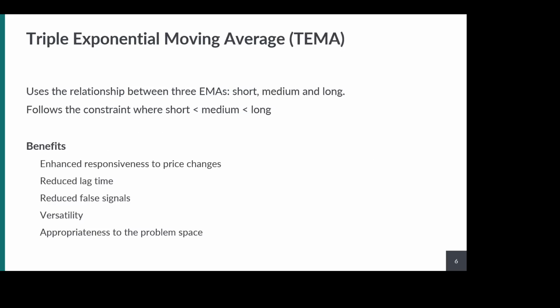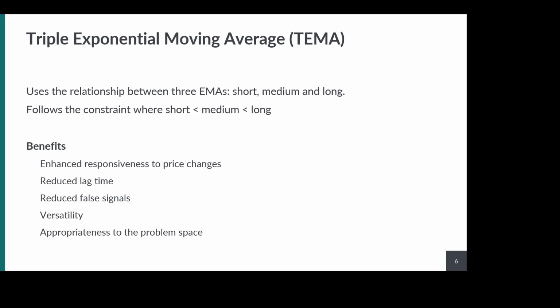When we use the EMA in our strategy, we are using the triple exponential moving average strategy. This is a strategy that uses 3 EMAs in conjunction with each other. So we have a short, medium, and long EMA, which follows the constraint where the short EMA is a smaller window size than the medium EMA, and obviously the medium EMA is a smaller window than the long EMA. This strategy has a few benefits.